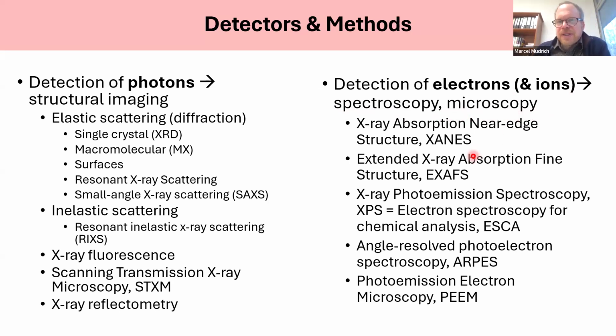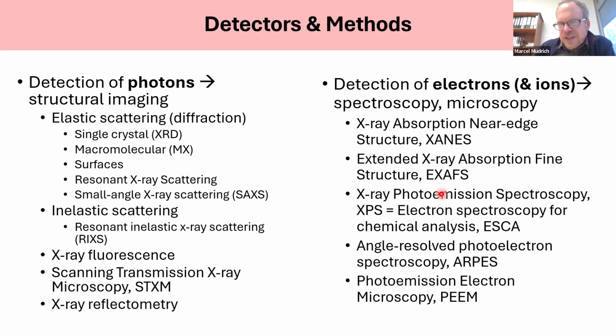And there, typical techniques are X-ray absorption near edge structure. That's called XANES. It's one technique where we study the structure near the edges of inner shell or core shell ionization of different materials. A very related technique is called extended X-ray absorption fine structure, EXAFS.